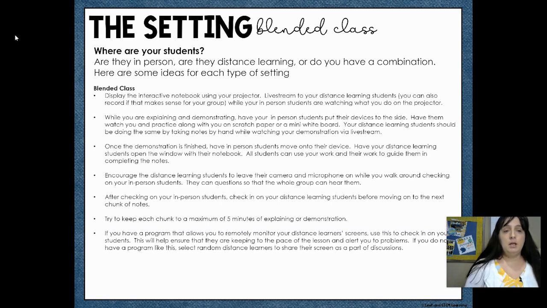So again, while you're explaining, while you're demonstrating, have your in-class students put their devices to the side, have your virtual students just watching the live stream, and everyone is taking notes by hand, whether they're live or digital.